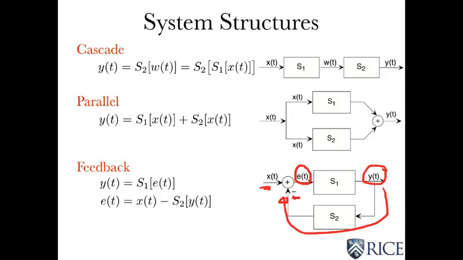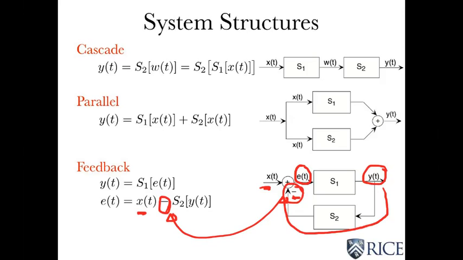Well, that's the standard convention, which means that E is equal to X minus the output of S2. So that little minus sign right there corresponds to that minus sign. So that's how you indicate a difference instead of a sum.